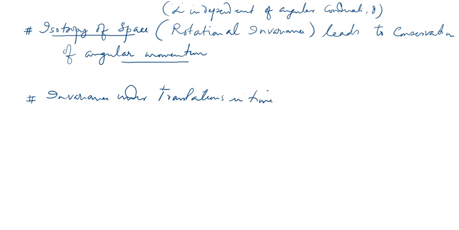What is the meaning? If the system's property remains the same yesterday, today and tomorrow, whether time ahead or time back, t or t dash or t double prime, the Lagrangian remains constant. That's the meaning. Invariance under translations in time leads to yet another conservation law.